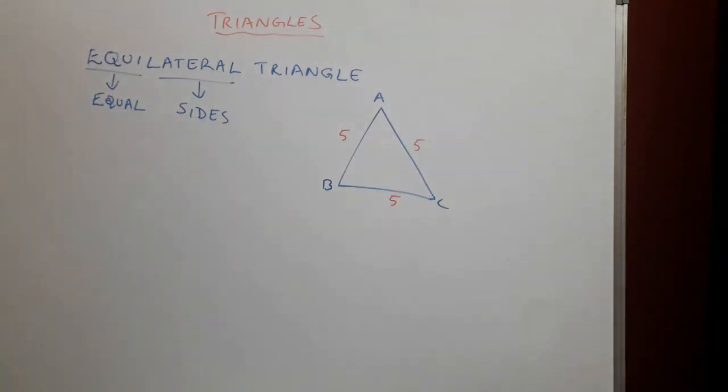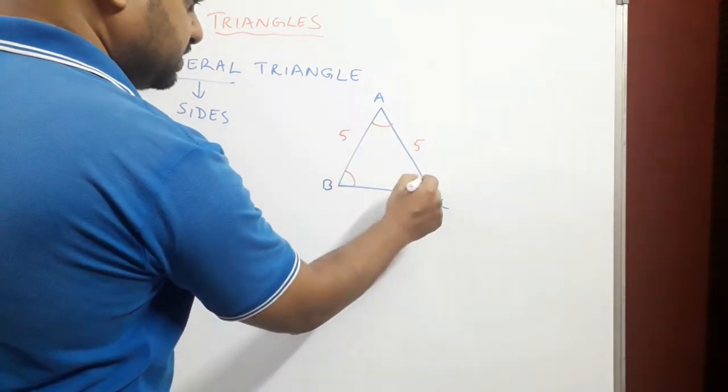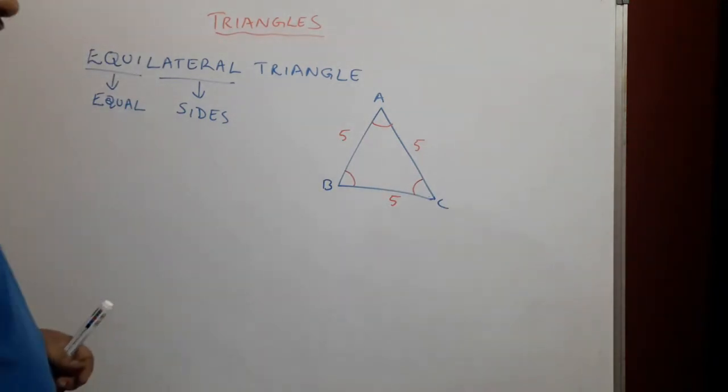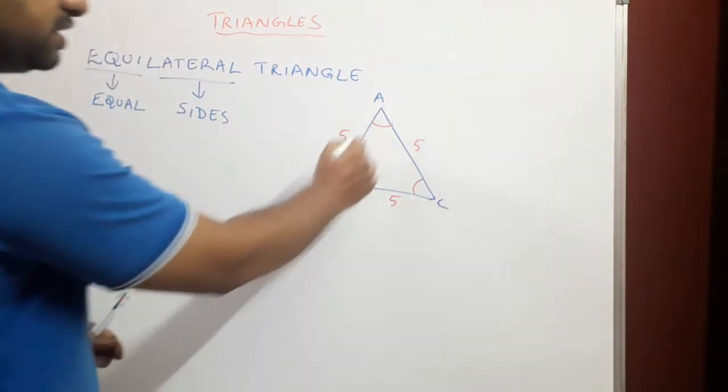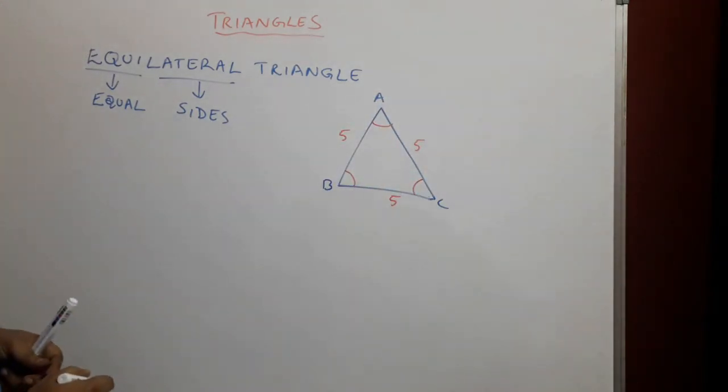But there is another part to this equilateral triangle. All three angles of this particular triangle are also equal. And if all three are equal, we know the sum of the three angles of a triangle is always equal to 180 degrees.